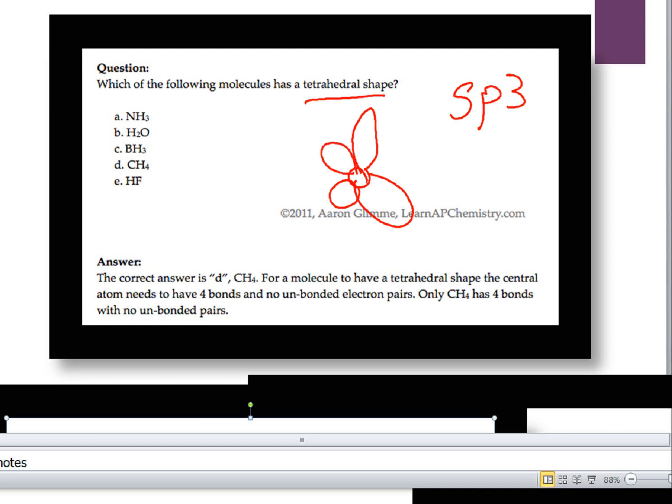So we are expecting that the molecule must be CH4. CH4, it has tetrahedral shape. The central atom needs to have 4 bonds and no unbonded electron pairs. Only CH4 has 4 bonds with no unbonded or lone pairs.